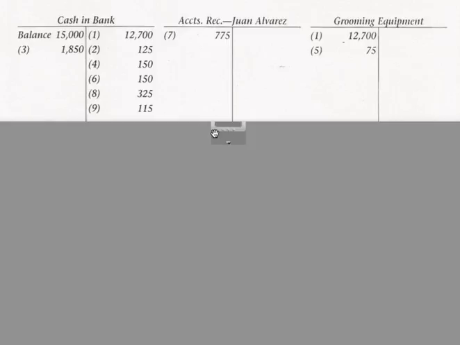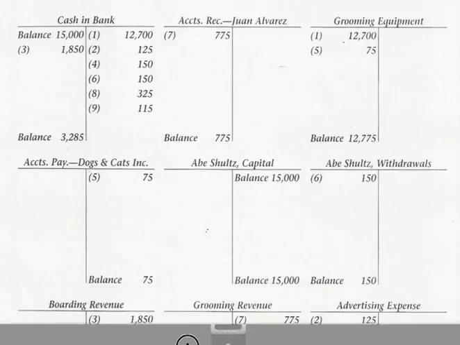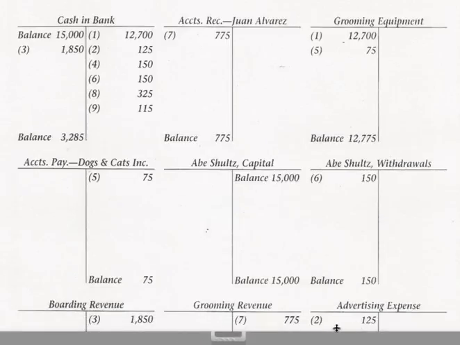And then we go down to advertising expense and we record number 2, $125, as a debit because we're adding the expense to the business, and the increase side for an expense is the debit side.